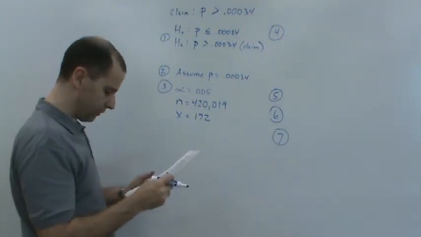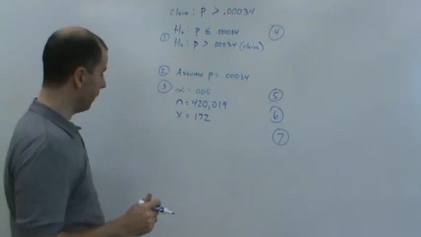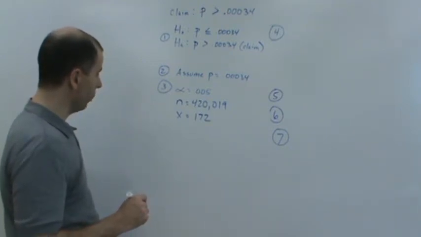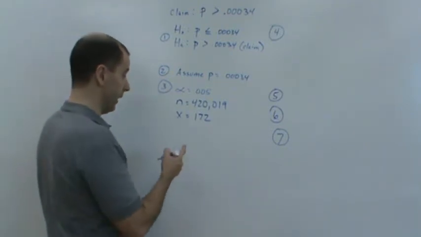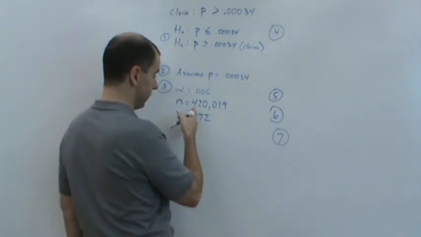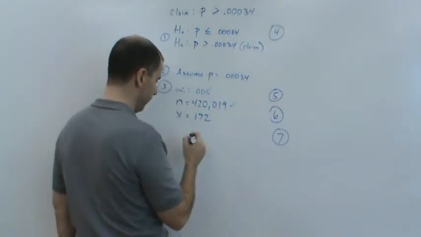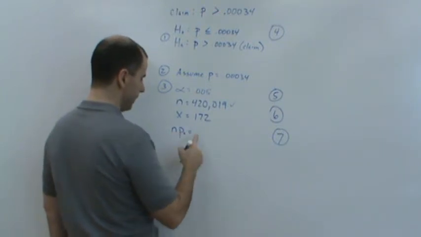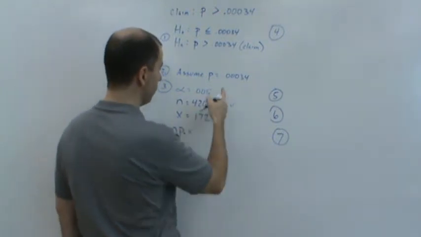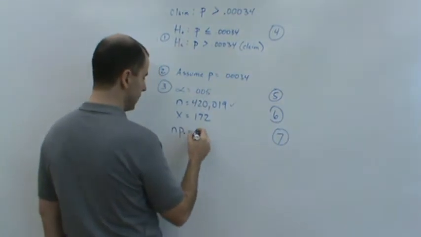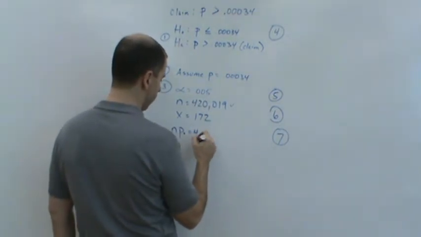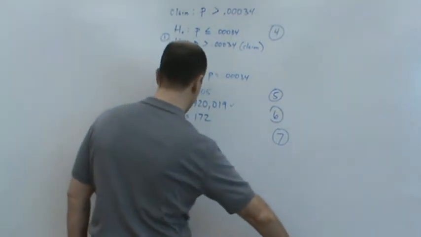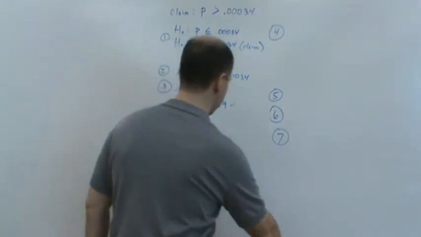Okay, so obviously at this point, we can definitely check the conditions, right? It's obvious that this is bigger than 30, so we definitely have that one. If we take n times p0, well, that's going to be what? P0 is assumed to be this, right? So if we take 420,019, let's do that on the calculator.